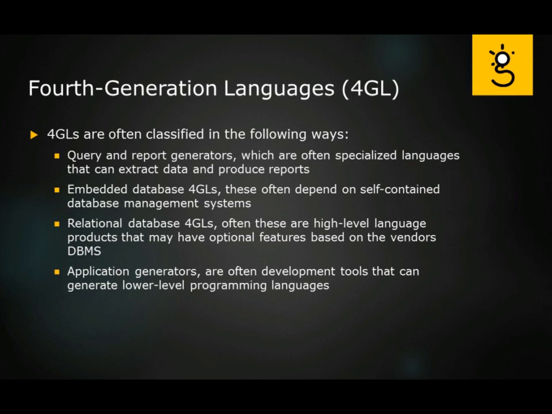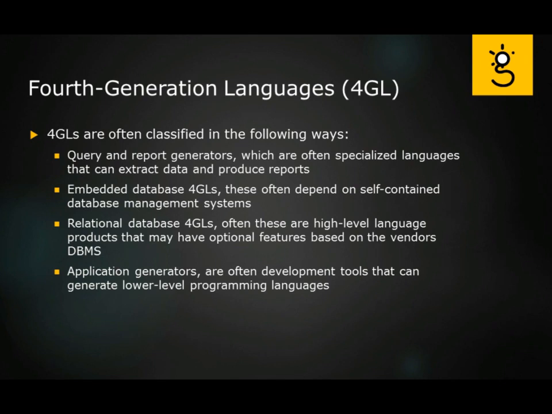We also have embedded database 4GLs. These often depend on self-contained database management systems. Relational database 4GLs are often high-level language products that have optional features based on the different implementations of the database management systems.